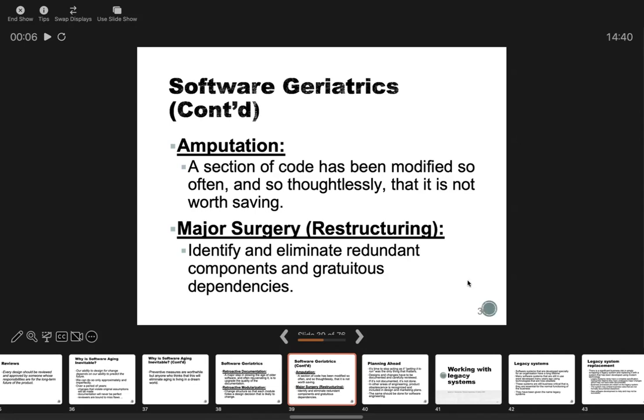So this is not worth saving. Rather, we discard it and rewrite it from scratch. And in major surgery, we can restructure that part by re-engineering it.